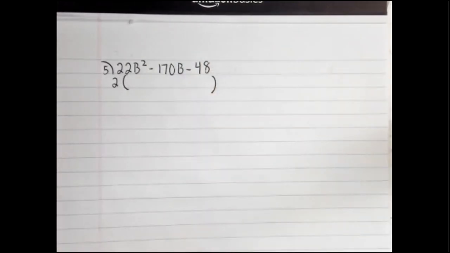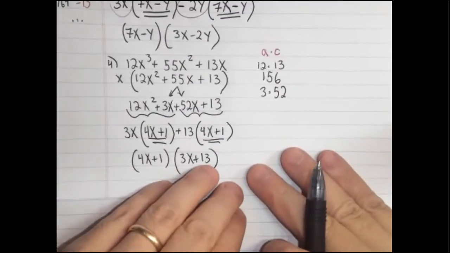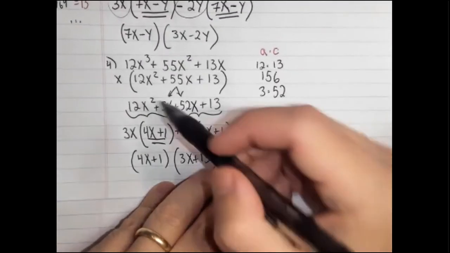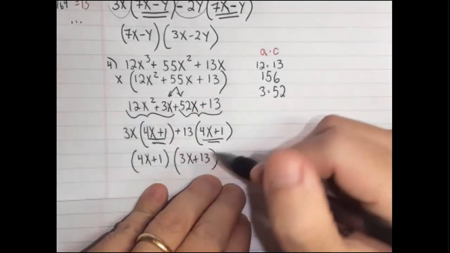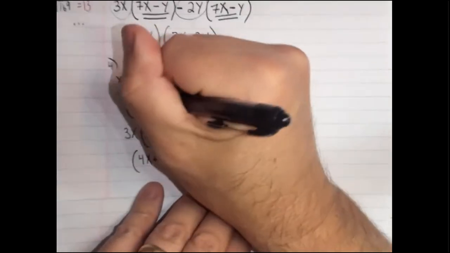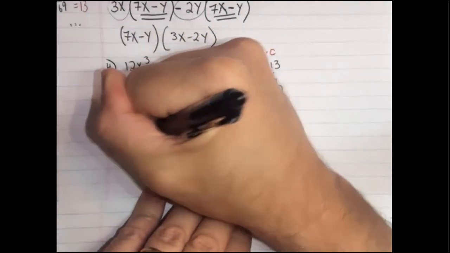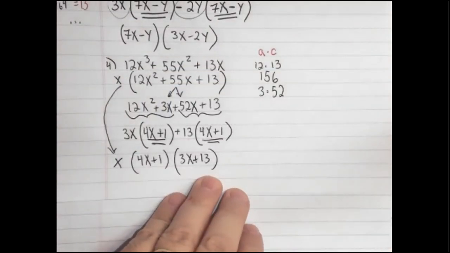Oh, and I just noticed, go back to this one here, number 4, sorry. I forgot about that x, and if you do that, you're going to get it wrong. I factored the trinomial, but I forgot to move that x down here. So just be careful of that. It's a mistake I would have made.